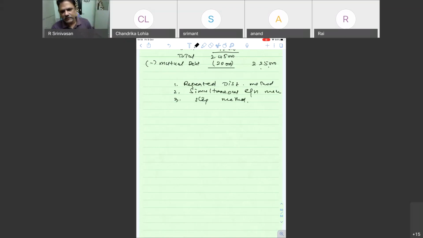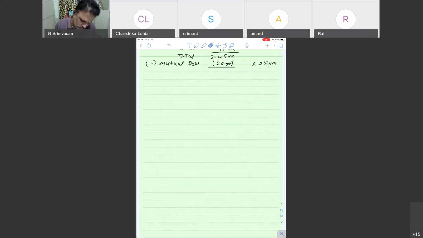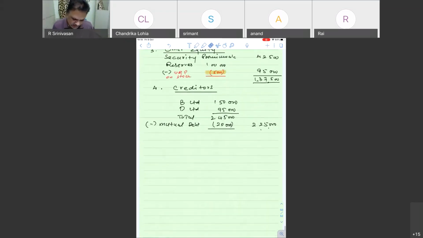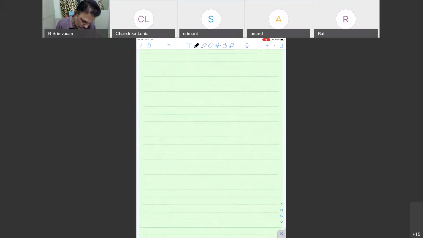So these are the different methods. We will be using the same simultaneous equation method here to find out the cross holding. So it is nothing new for us. It is one and the same as what we have done previously. Same thing again we are going to do here.